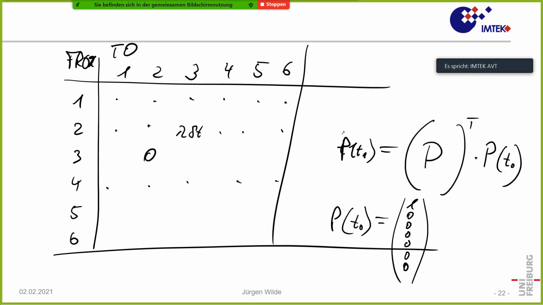We get the next time step and so on. And in that way, we can just sum up the probabilities from step to step. And in that way, we come from a Markov chain to a Markov process.